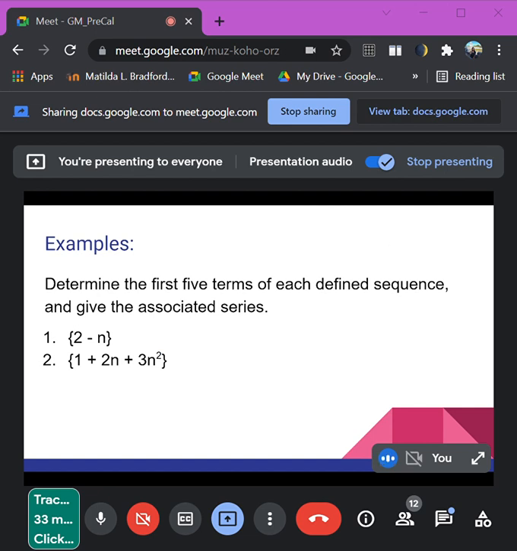Okay, same process as what we did earlier, where we substitute 1 until 5. What are your answers, class?